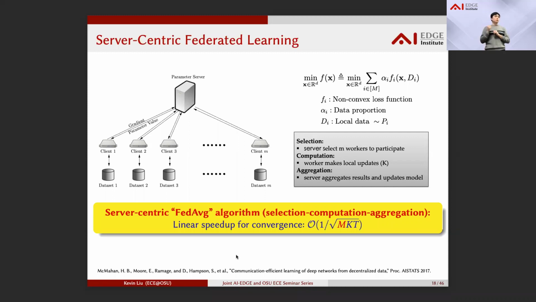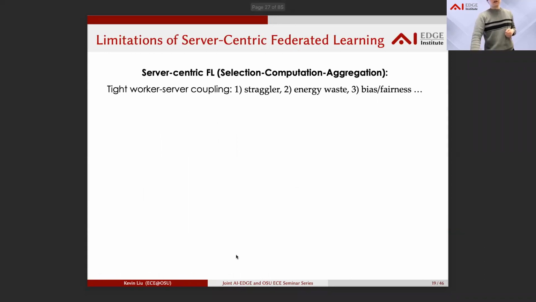That's what we call linear speedup. Quantitatively, if you can show your algorithm has this kind of convergence rate, which I will go to a little later, then you show that this algorithm has linear speedup. So that's one of the key benefits of all these server-centric FedAvg algorithms.